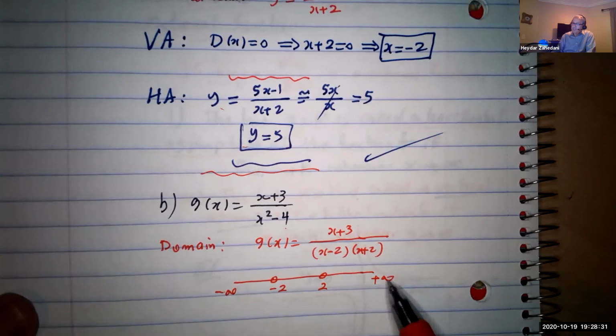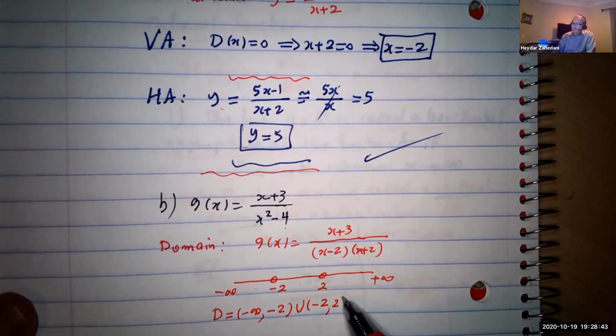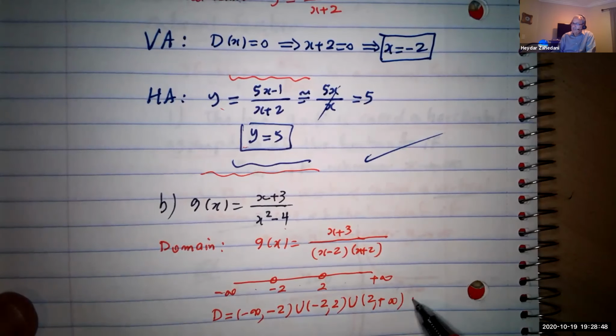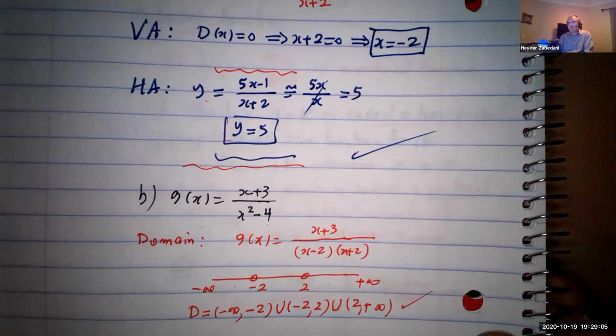The domain: negative infinity up to negative 2, union with negative 2 to positive 2, union with 2 to positive infinity. That is the domain. Any question? We did it before, you know that the denominator cannot be 0 because the fraction would be undefined. Question?